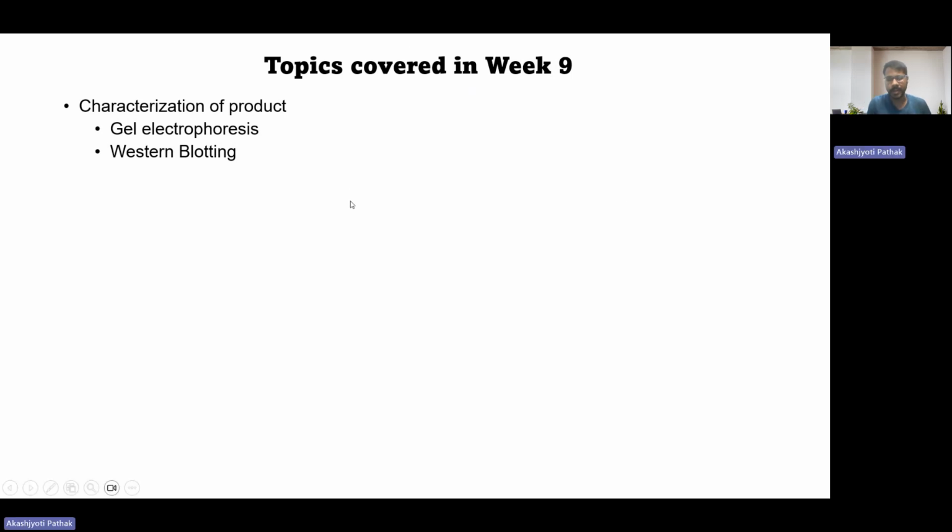So in week 9, we are mainly learning about the different methods by which we can characterize our protein, or our product. This is divided into two parts. In week 9, mainly the first part of this characterization was covered, and in week 10, we will learn about further characterization techniques like spectroscopy.